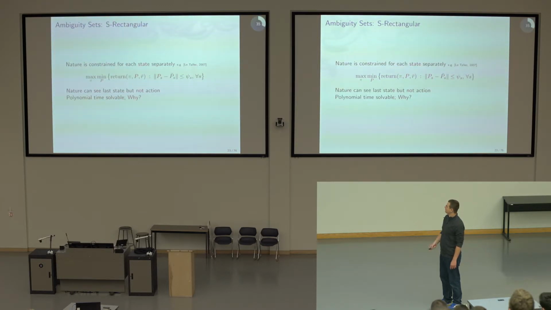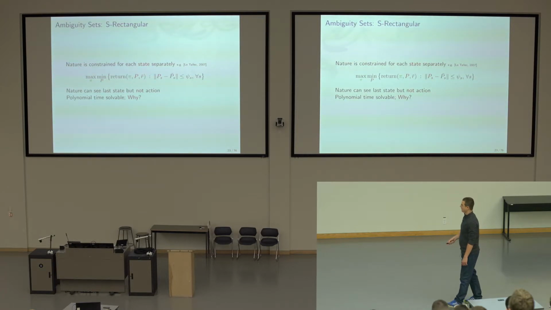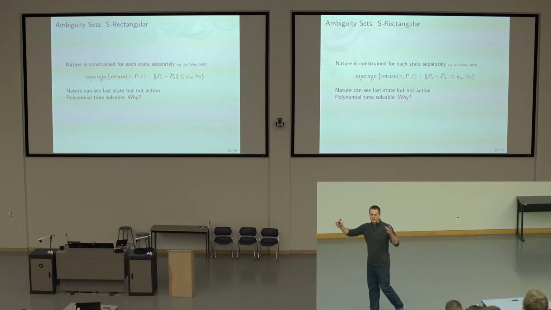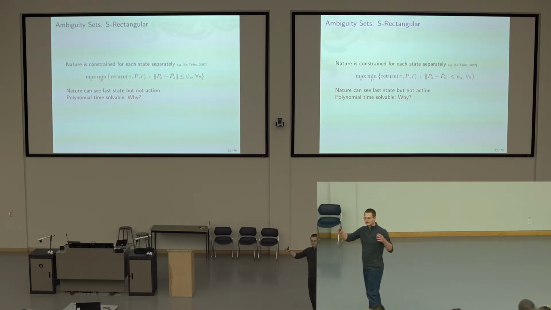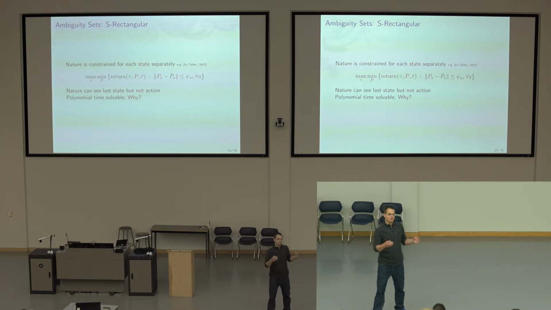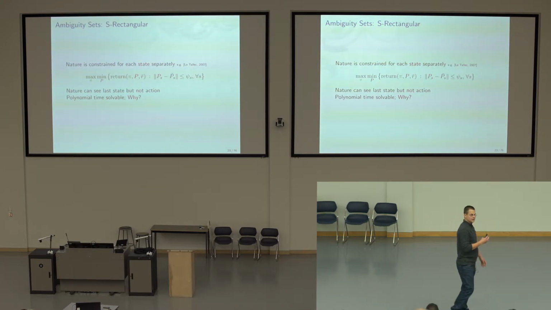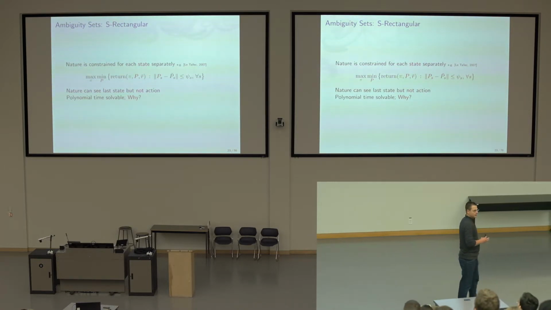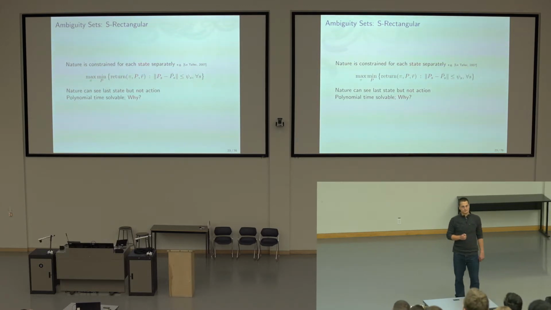So the first type of model I'm going to talk about is called S or state rectangular model. And in this model, nature is now constrained for each of my states individually. So instead of having one constraint that's across all the states, I'm going to have one constraint for each state. And this problem is going to be tractable.